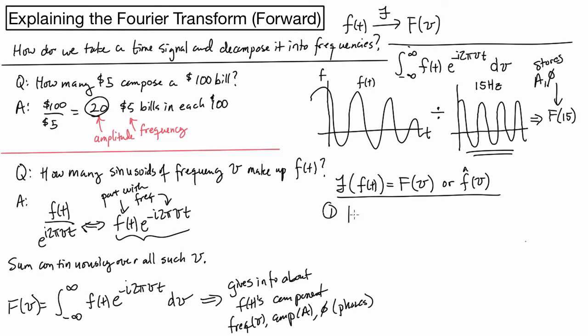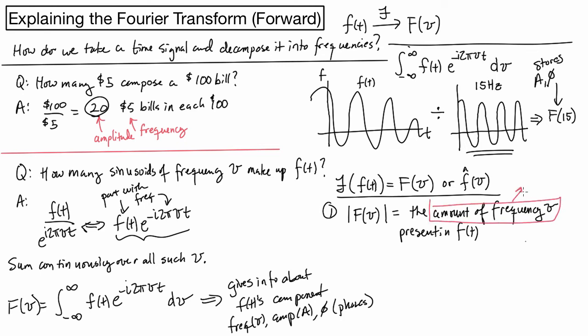First off, the absolute value of the Fourier transform is the amount of frequency nu present in the original signal f of t. When you look at the phrasing, the amount of frequency nu, you should interpret that as saying something about the amplitude at that frequency.